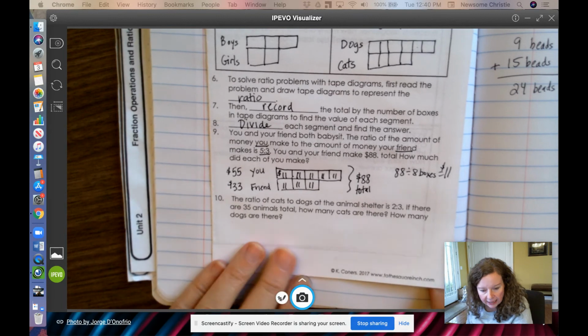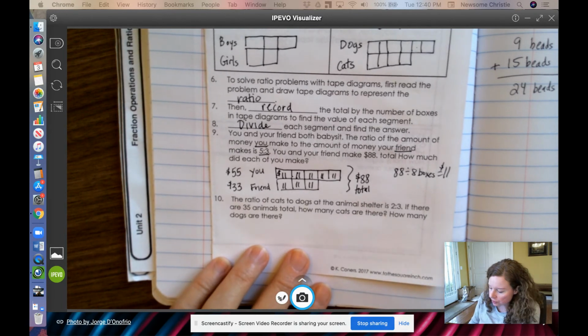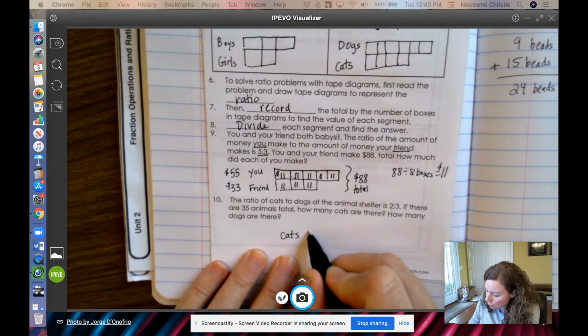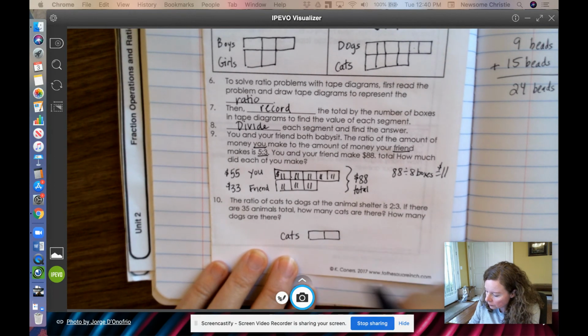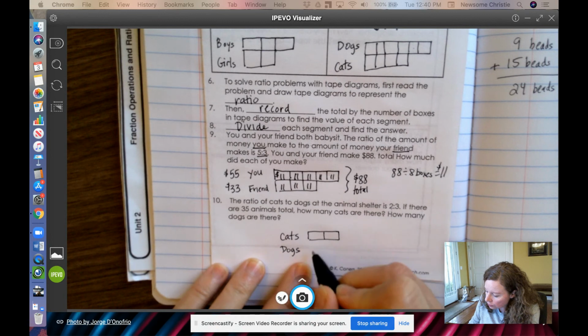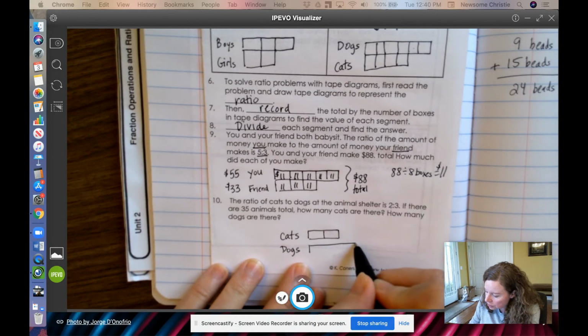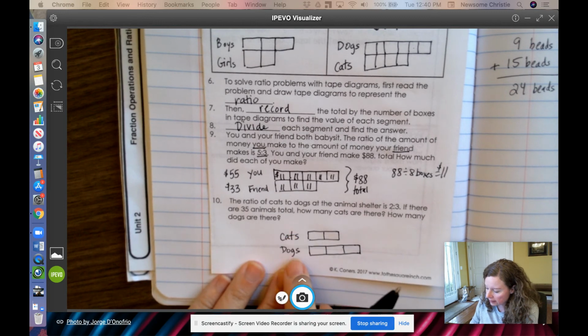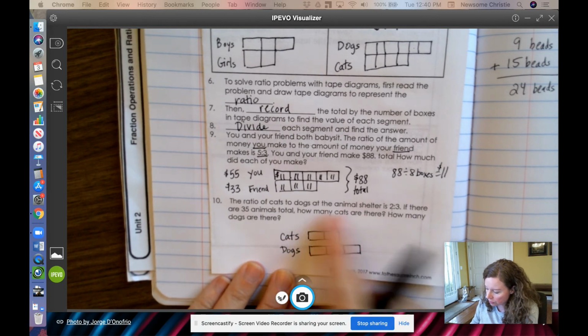So the ratio of cats to dogs at the animal shelter is 2 to 3. So we have cats are 2 and dogs are 3. That's their part of the ratio. Okay, cats to dogs, 2 to 3. Make sure that matches.